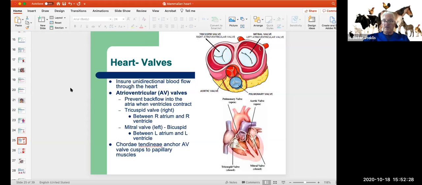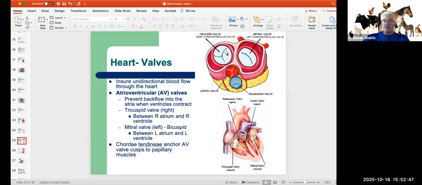We mentioned the heart valves a little bit already. You can see the tricuspid. This is a view slicing through the top of the heart, and you'd be looking down on top of the atria, the right atrium here, the left atrium.